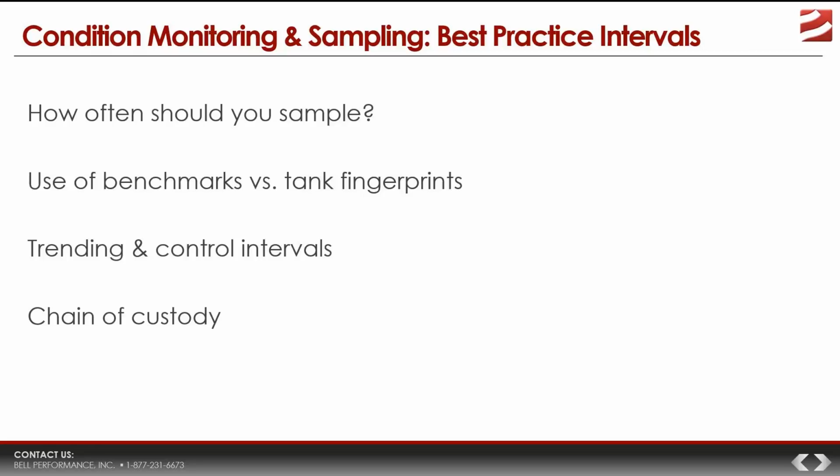So as you do your trending over time and you get more data points, you start to be better able to see how the microbial levels in your specific tank rise and fall relative to different points in time.